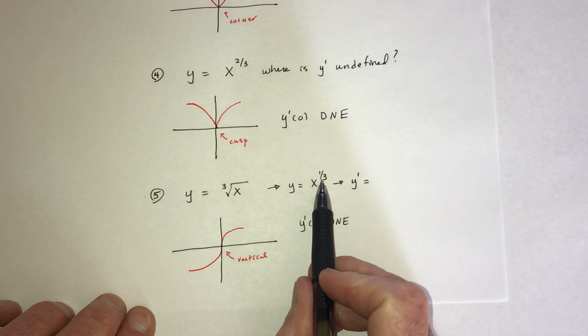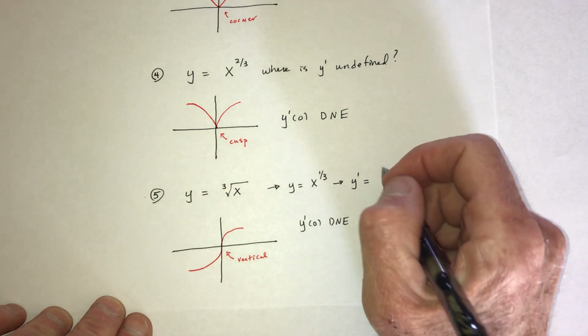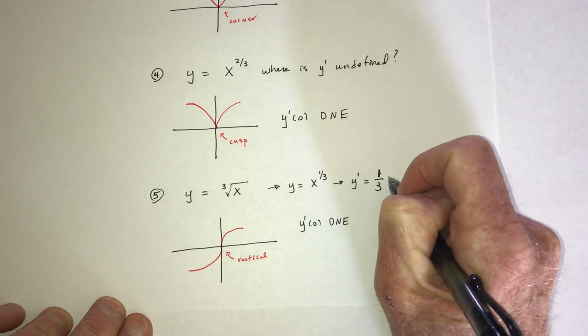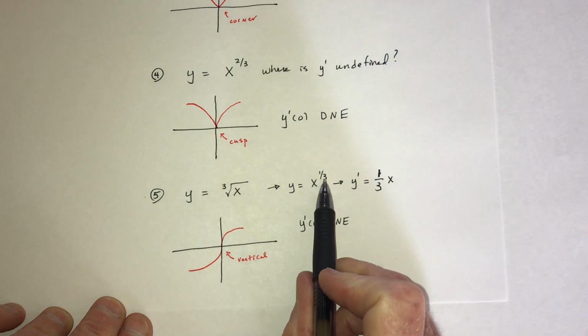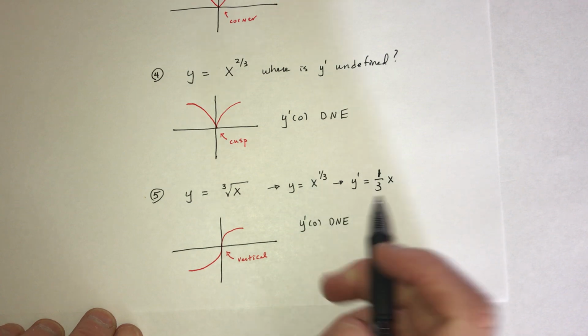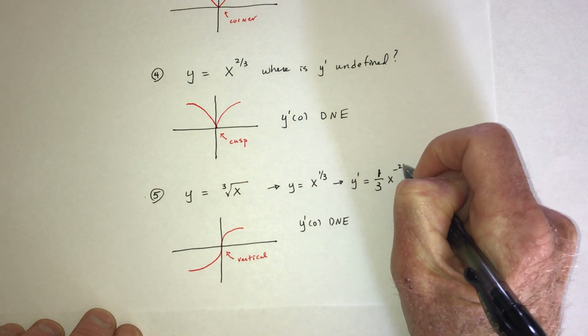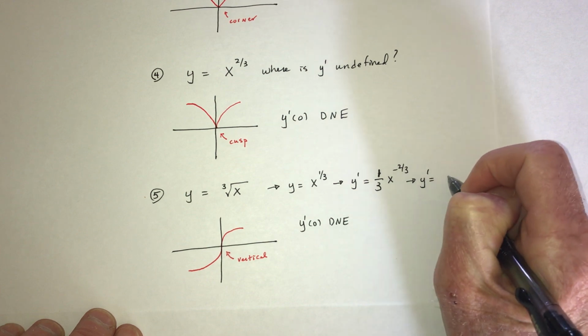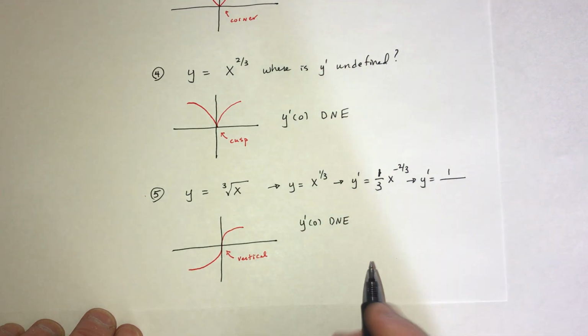The power rule goes like this. Take the 1/3, bring it in front and multiply. And then subtract 1 from this exponent. And 1/3 minus 1 will be negative 2/3. So in other words, y prime is equal to 1.